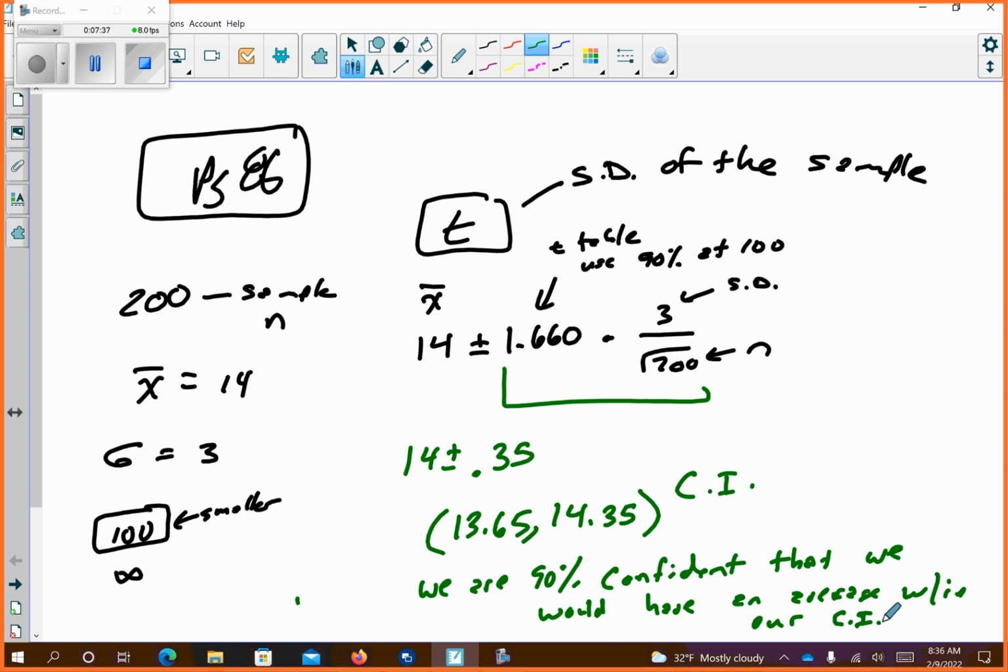Basically, that would be fine to say something like that. What will we say? So we are 90% confident that we would have an average within our confidence interval if we started recollecting more and more data.